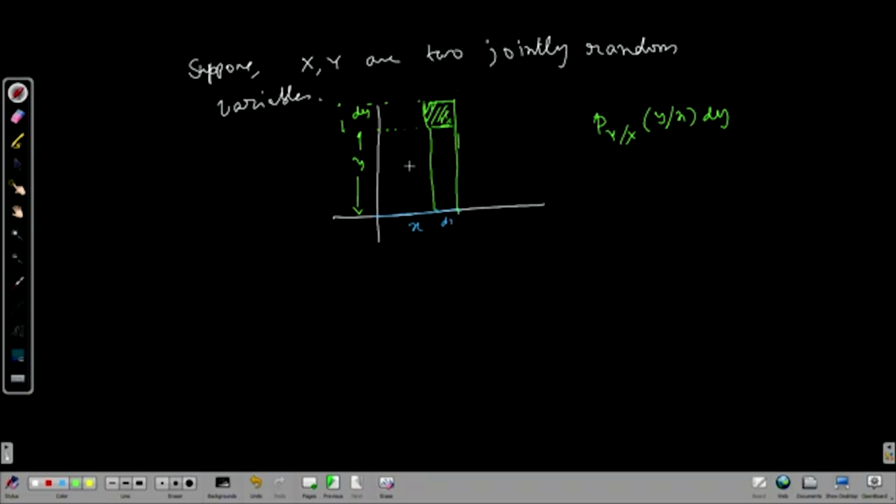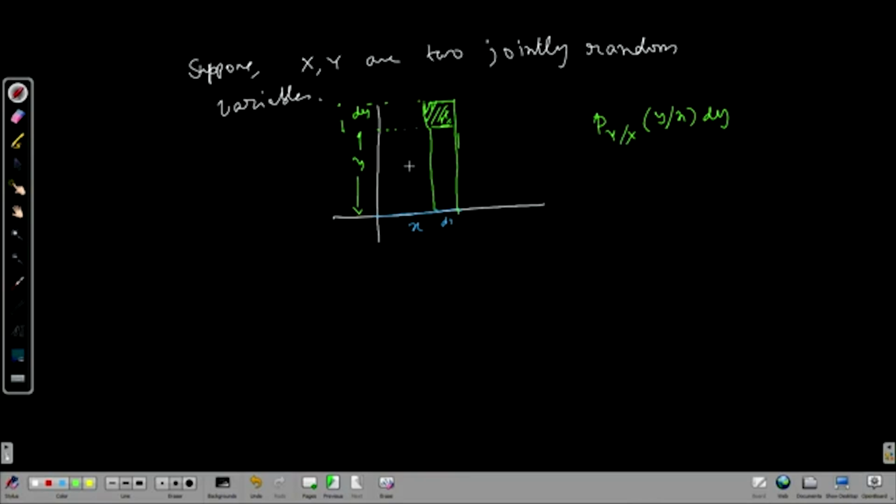Now, suppose capital X and Y are such that there is absolutely no relation between them. As I told you, one could be temperature, capital X, maybe another one is, say, the rupee value of the dollar. So, absolutely no relation.